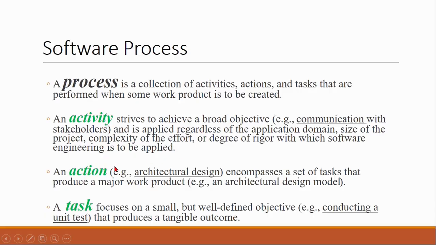Then next we have an action. So what is an action? An action is a set of tasks that produces a major work product. An example of an action is an architectural design model. Architectural design is an action that results in an architectural design model.